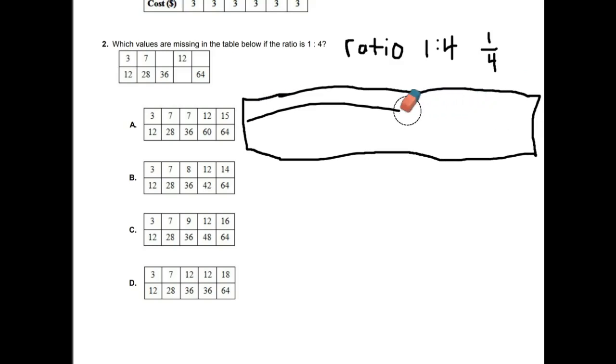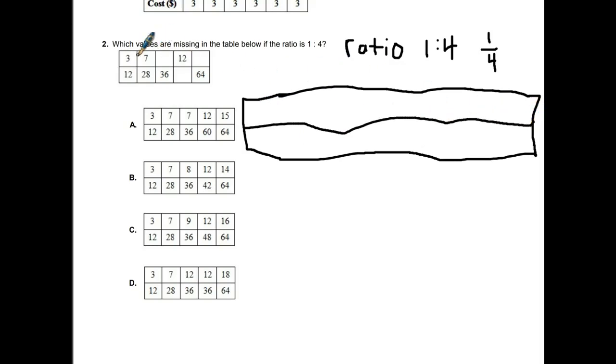Okay, so on your paper, you're drawing a chart or a table. It's more of a table, I guess, than a chart. And we need 1, 2, 3, 4, 5. And I'm going to add one more here because I'm going to include my ratio.